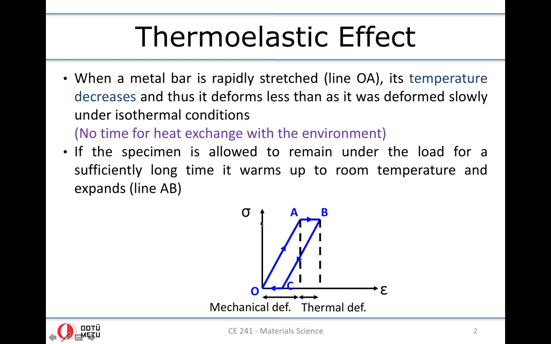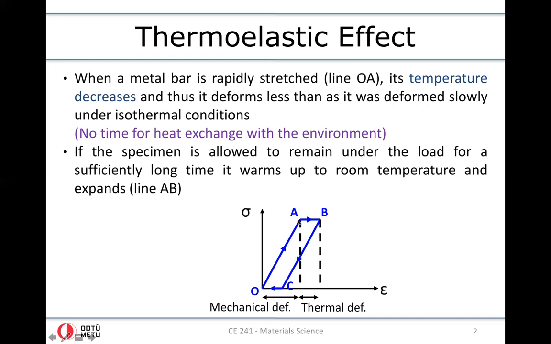And then if you allow the specimen to remain under constant load, which is denoted by line AB, for a while, sufficient to let the specimen exchange thermal energy with the environment, it will actually warm up. Therefore, it will deform thermally from A to B. So in the loading branch from point O to B, we have two behaviors.